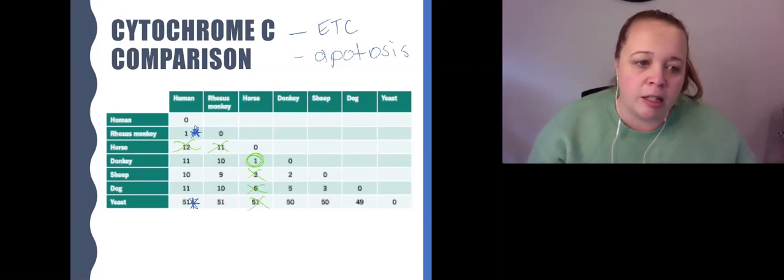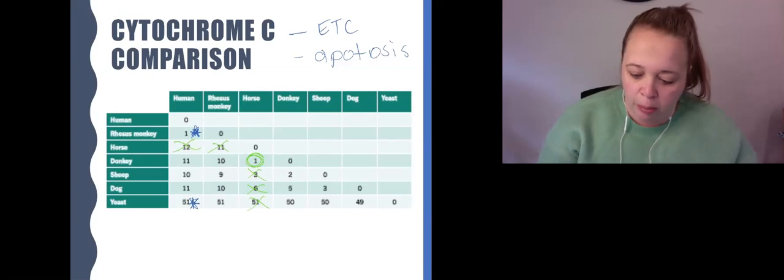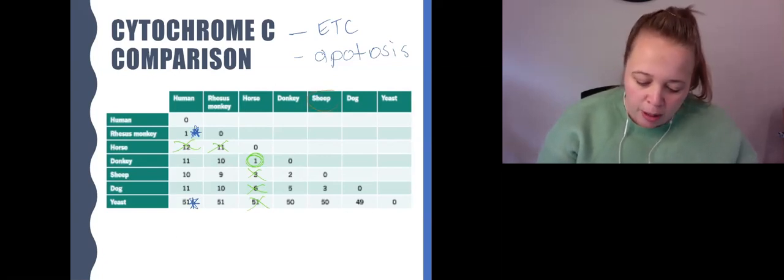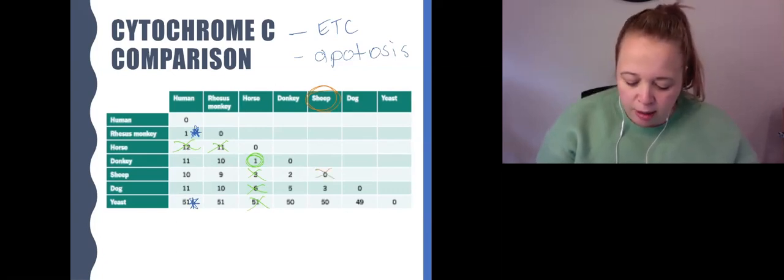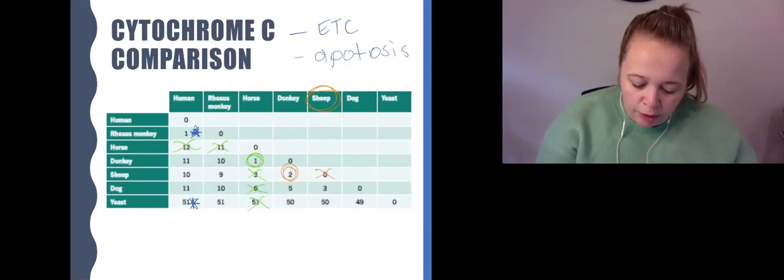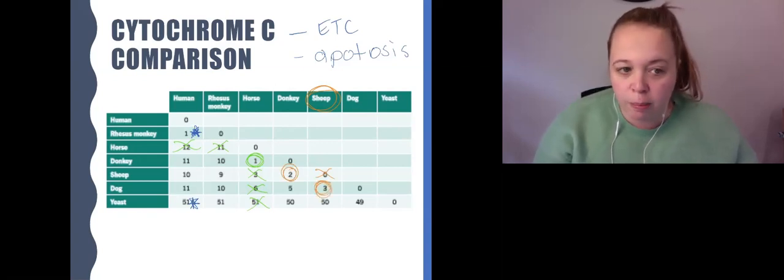If I was to ask you what is the most closely related animal to the sheep? So let's try the sheep. So what's the most closely related animal? You can see that the sheep to itself doesn't really count. You can see that there are 2 differences between the sheep and the donkey and 3 differences between the sheep and the dog.